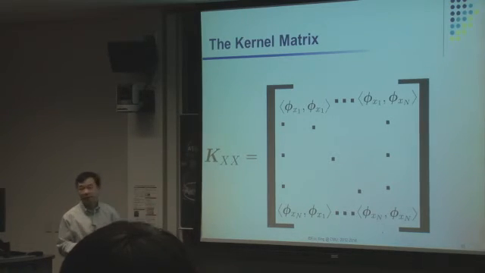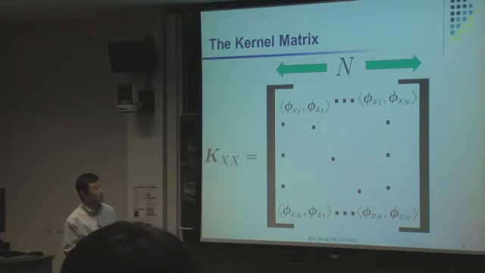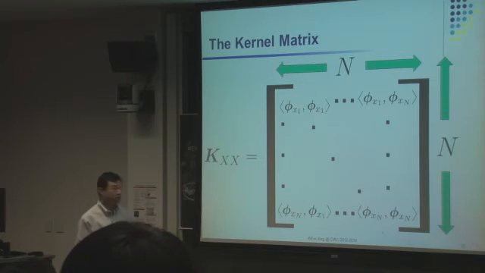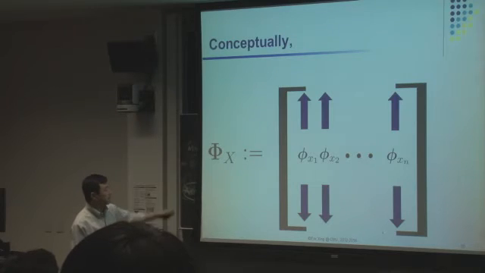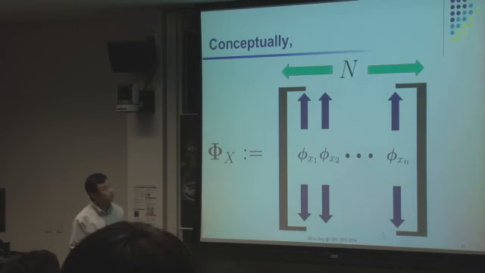Well, it is the inner product between two feature maps, right? So in every entry, we have an inner product between the two random features, and we have an n by n matrix like this. So this is pretty manageable, but not this one, because this one is an infinite matrix.